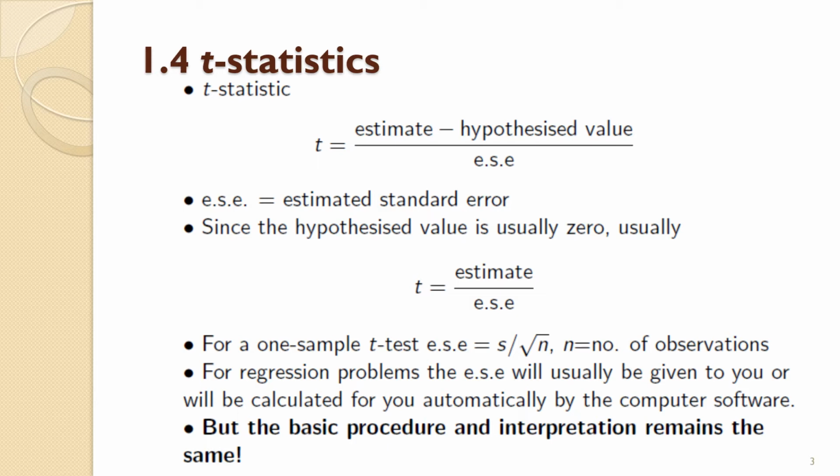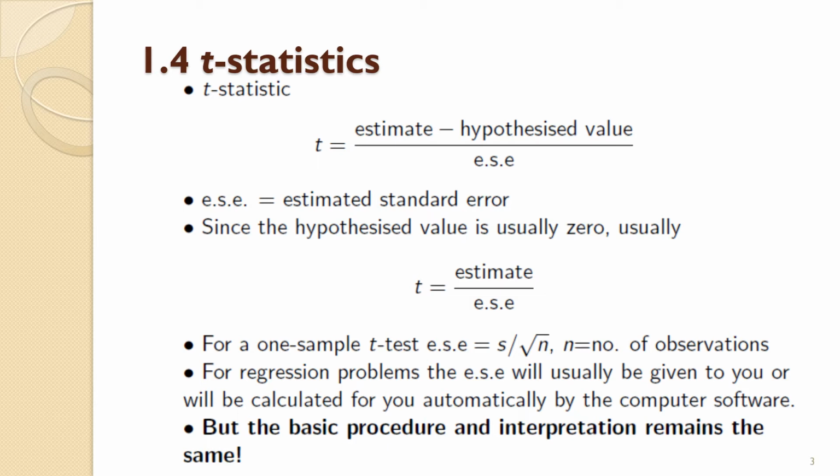So if you put 0 in the top formula, you get the second formula: the t-statistic is the estimate over the ESE. This is usually how you see it in computer software examples, but in principle the first formula is more general than that. The one sample t-test is relatively straightforward: the estimated standard error is just the standard deviation over the square root of n, where n is the number of observations in the sample.